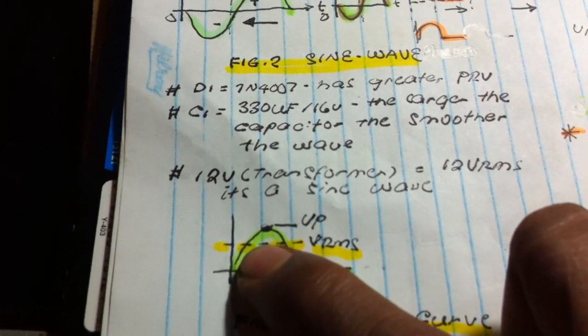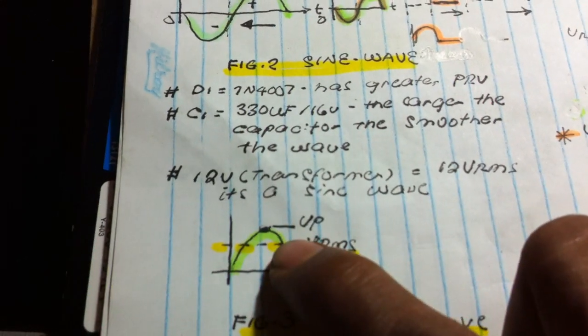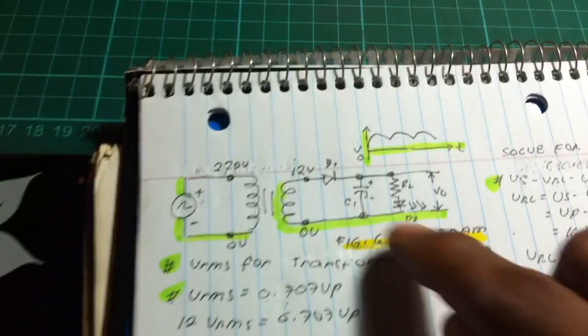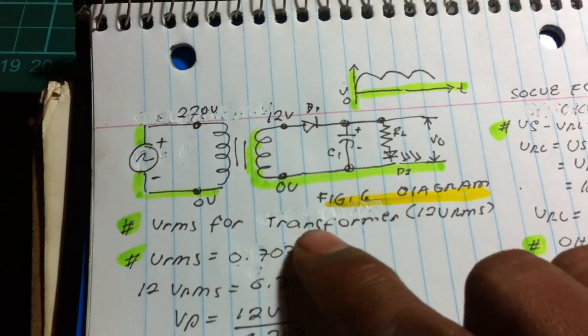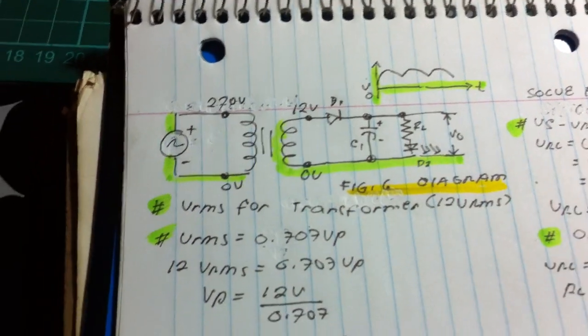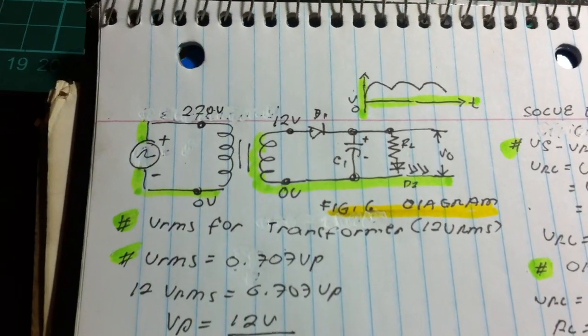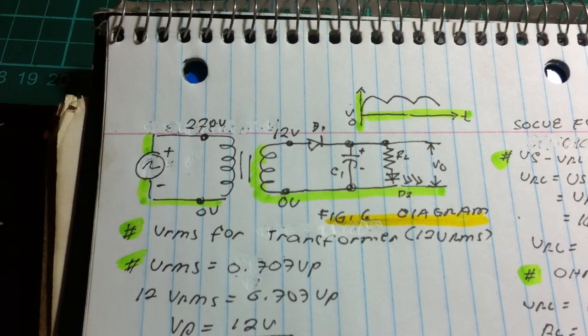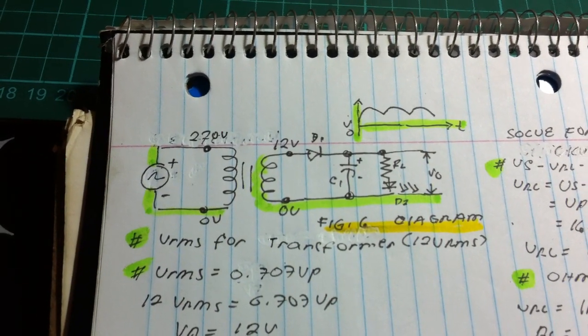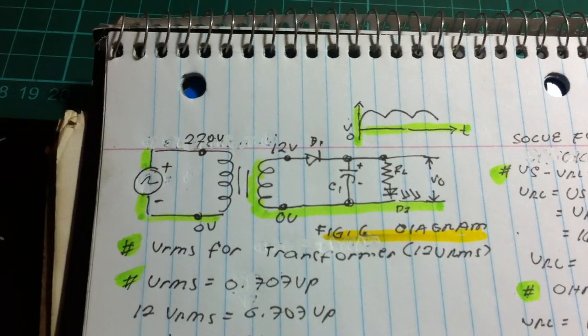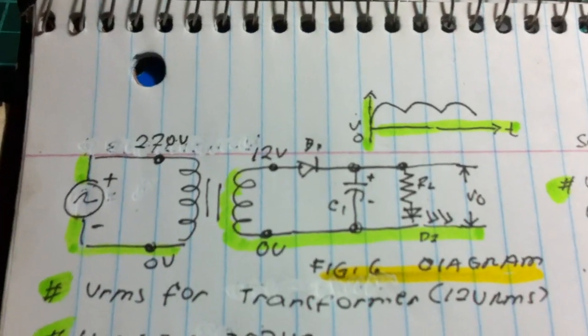VRMS is located almost near to the voltage peak. So okay, and now we are going to compute for the voltage peak. Why are we going to compute for the voltage peak? Because that is always used in the computation, not the VRMS. That is the voltage peak to peak of a sine wave.